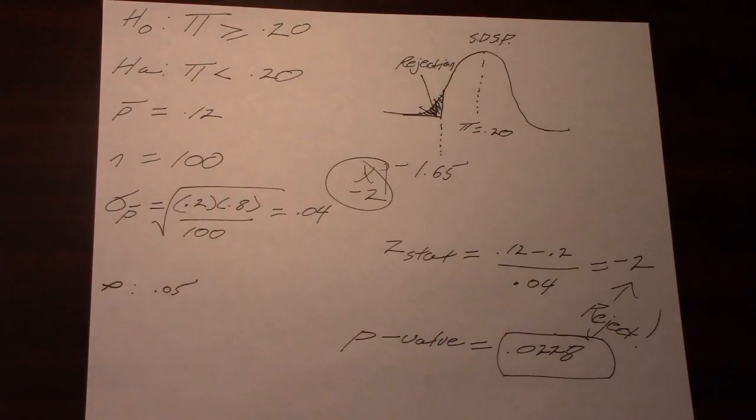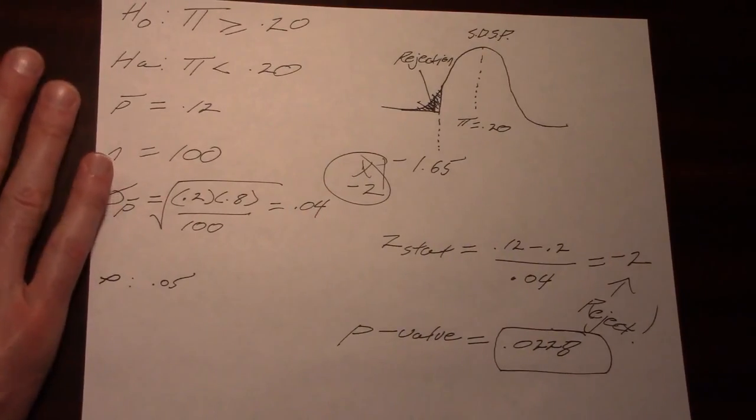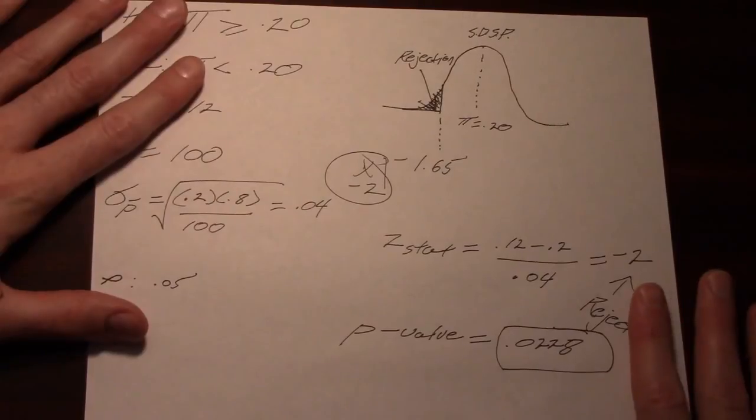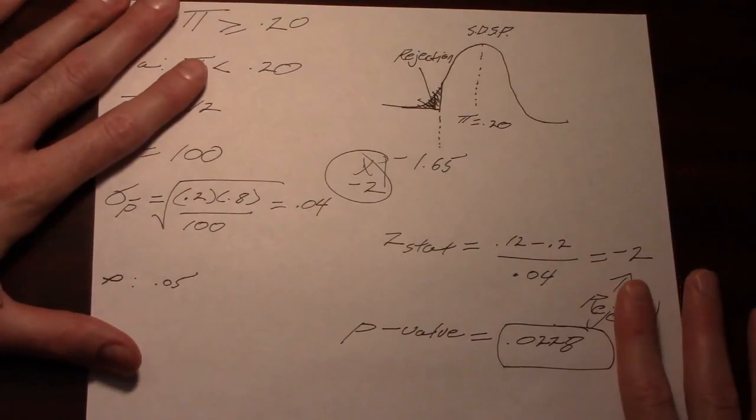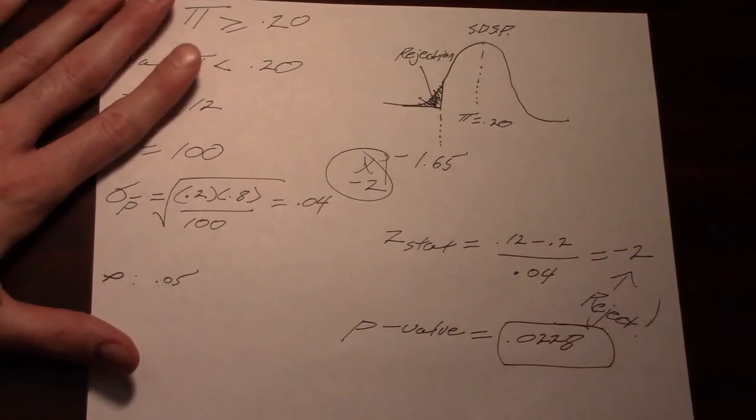Okay, z-stat is -2, critical value is -1.65, reject, p-value 0.0228, reject. Alright, we're good. We're rocking and rolling. We're going to move on now to the next thing, which is hypothesis testing for mean differences.